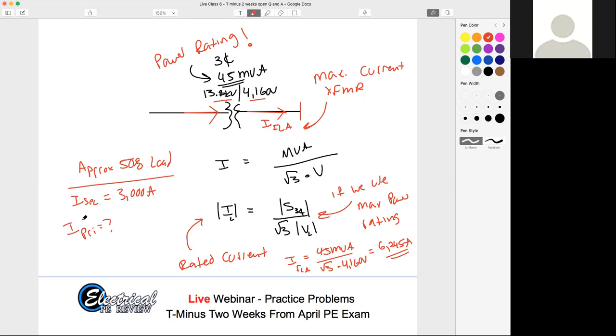How do we solve our primary current? Ratio, exactly. We use A, don't we? Now, that seems very intuitive. Let me show you when this messes people up. And expect to see at least one question like this because they'll test you. They want to really make sure you know your A ratio.